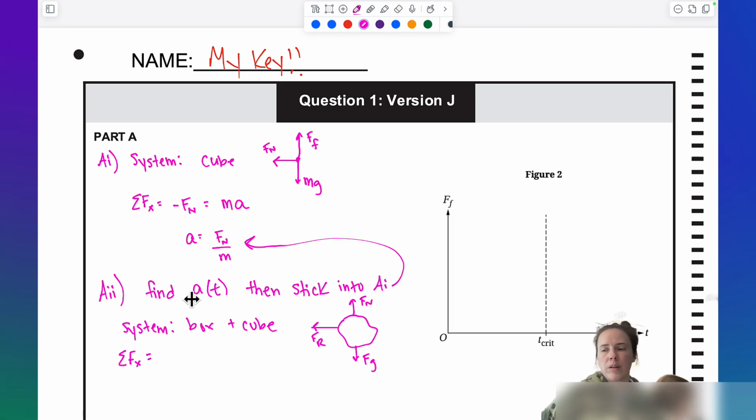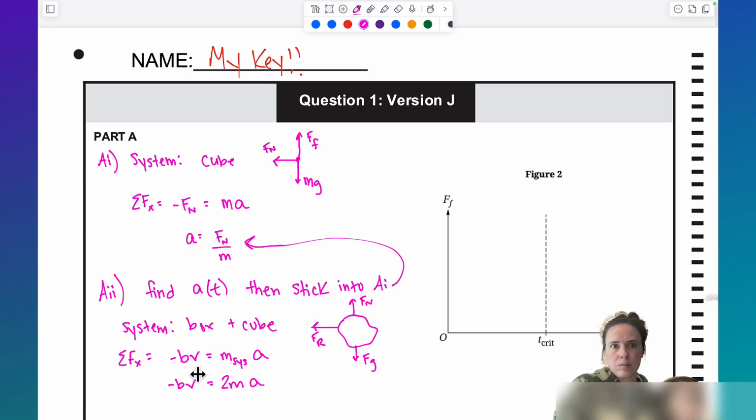So sum of the forces in the horizontal direction, we have that resistive force, negative bv, rolling to the left. We're going to have the mass of our system times the acceleration of our system. They're accelerating together, and that total mass is block plus cube. Each of them is m, so that total mass is 2m.